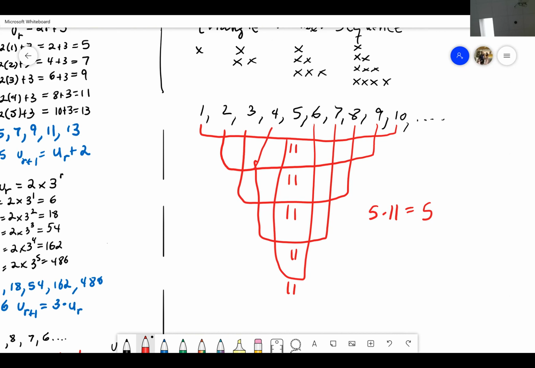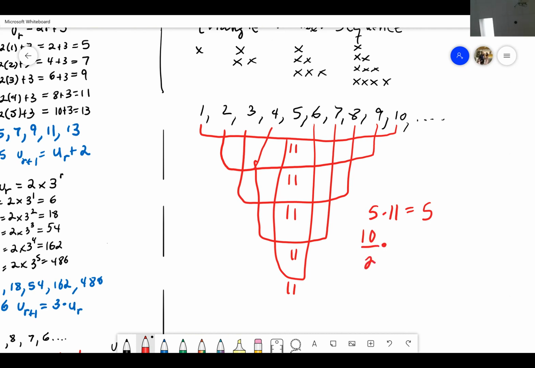How many numbers are there? Don't look at this. Do you see that 5? What's 10 divided by 2? 5. So I can say, okay, there's 10 numbers, 10 divided by 2.